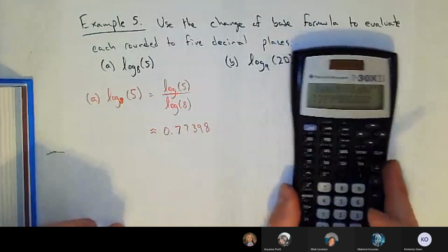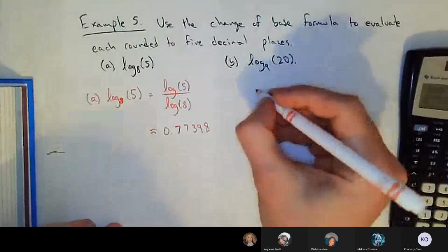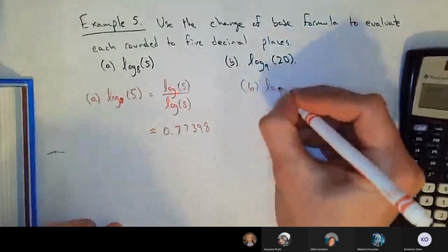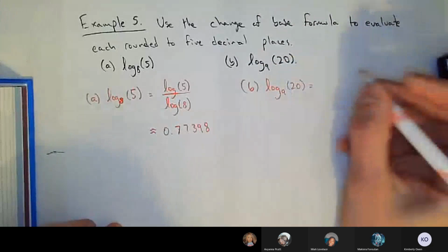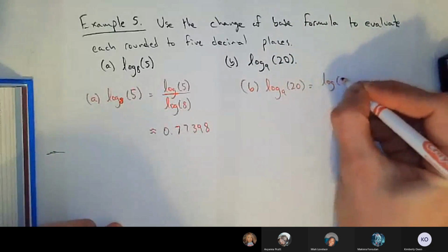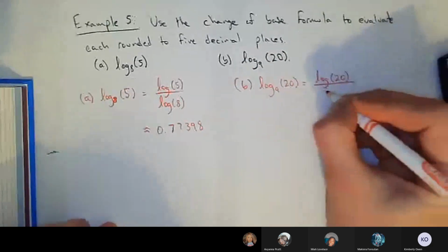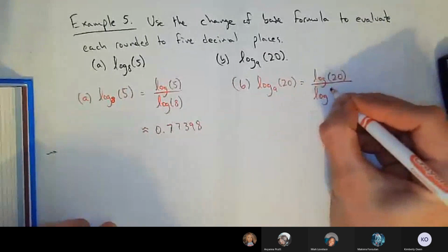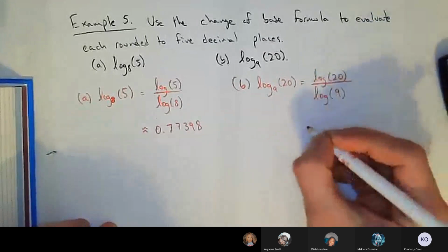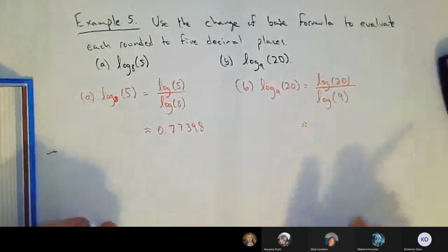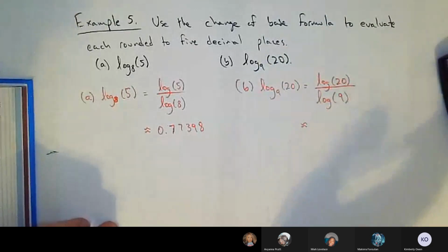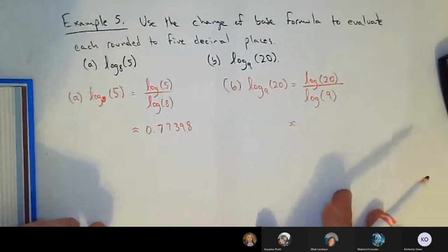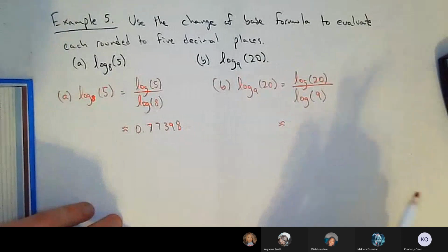Okay, and now the second one, part B, log base 9 of 20. I can write that as a log base 10 of 20, that common log, over the common log of 9. And 9 raised to what is 20? Again, that's impossible to answer as a whole number.